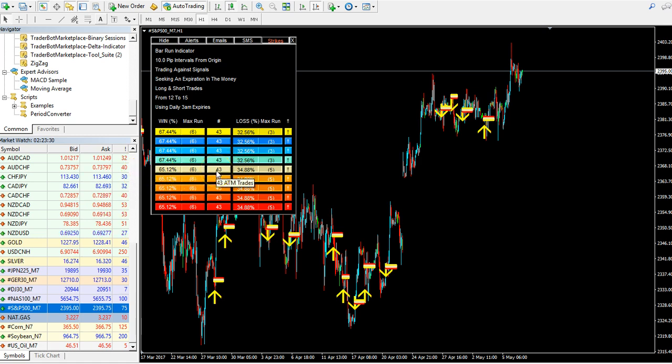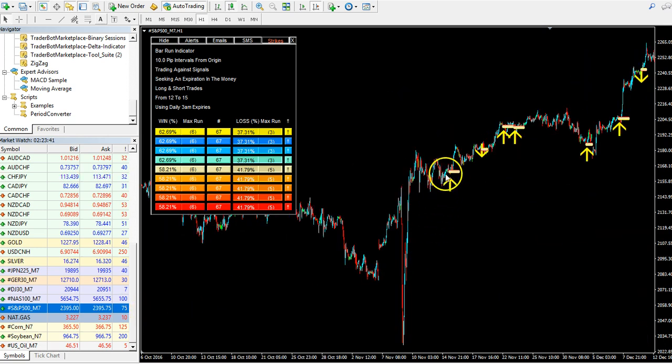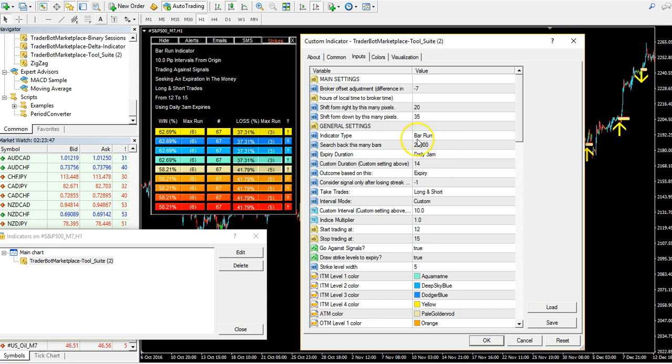It's had 43 trades, going as far back as August 2016. It stops here, so I know that the indicator is not looking far enough back. So I'm going to go into the indicator, and instead of it looking back at the past 20,000 bars, I'm just going to put another 0 in there so it can look back 200,000 bars.